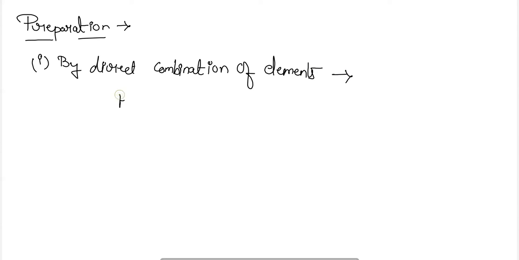For example, H2 combines with fluorine at 23 Kelvin temperature to form hydrogen fluoride.